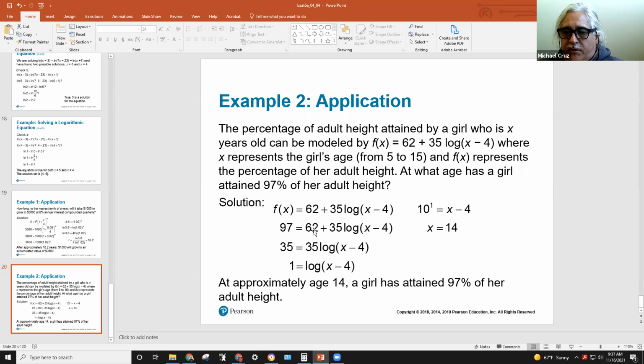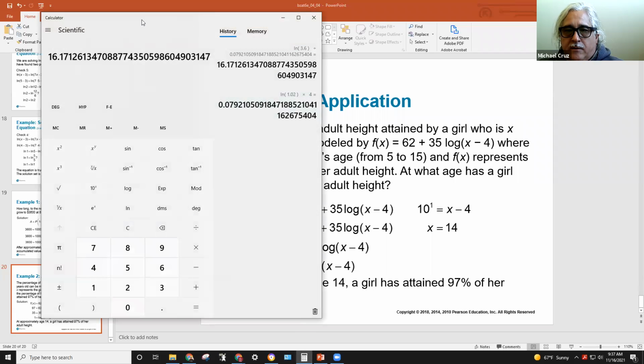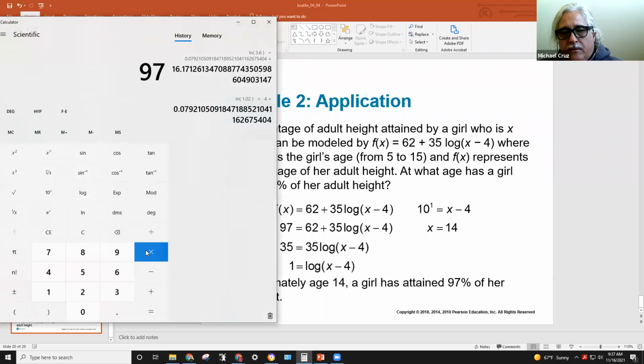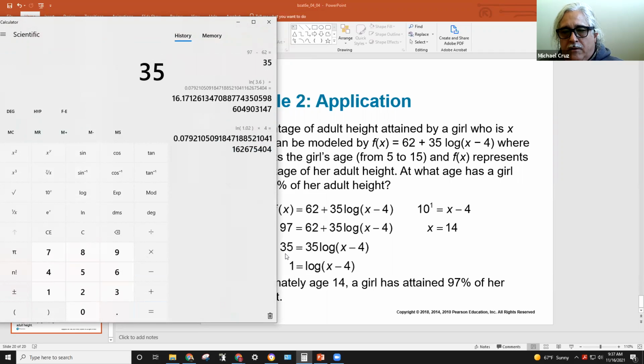So the first thing is subtract 62 from both sides. You get 97 minus 62 is equal to 35, and then this 35 was already there. And so when we divide both sides by 35, on the right-hand side, the 35 is just log x minus 4. On the left-hand side, 35 divided by 35 is 1.